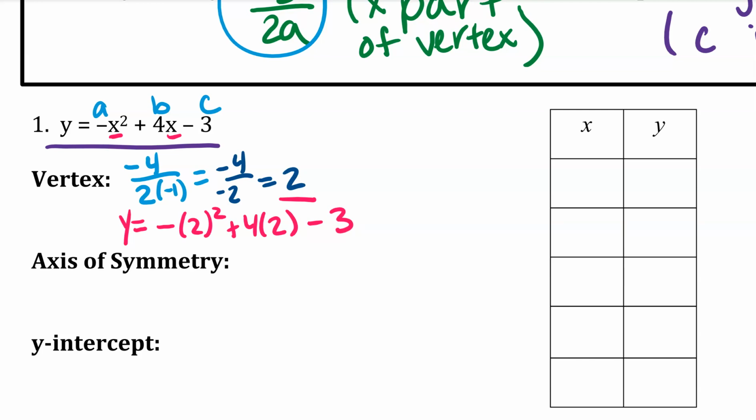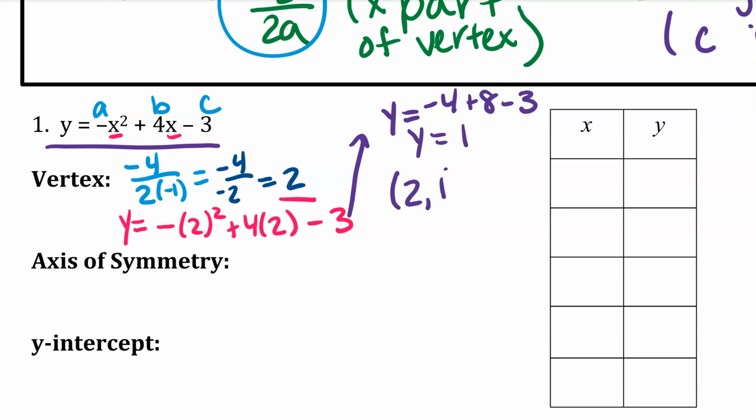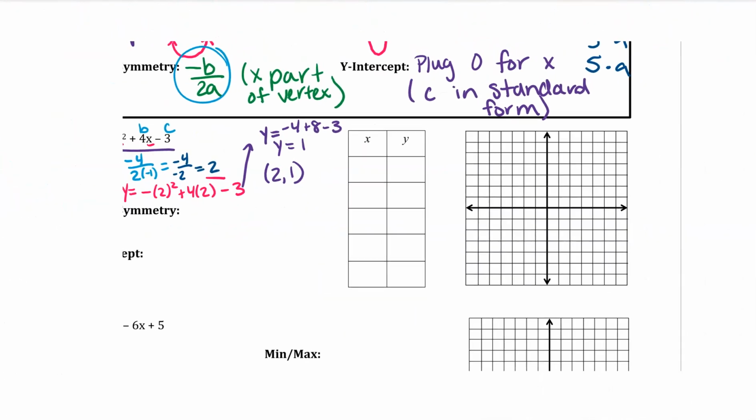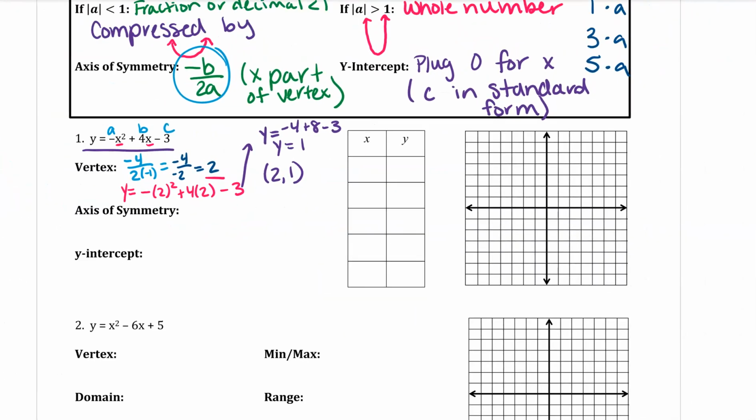Notice how the negative stayed outside right here because it's kind of like a coefficient. Okay. So y equals negative 4 plus 8 minus 3, which is, let's see, 4 minus 3, which is 1. So my vertex is at (2, 1). Okay. So (2, 1), that's where my vertex is.